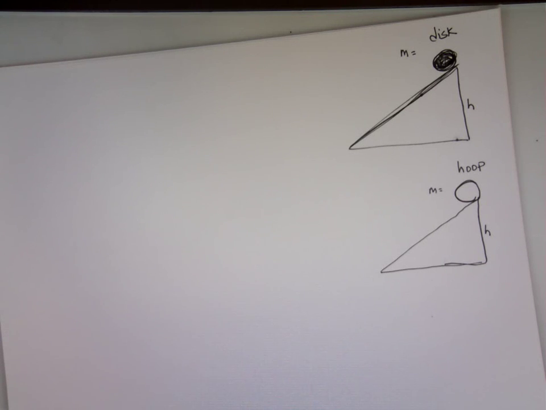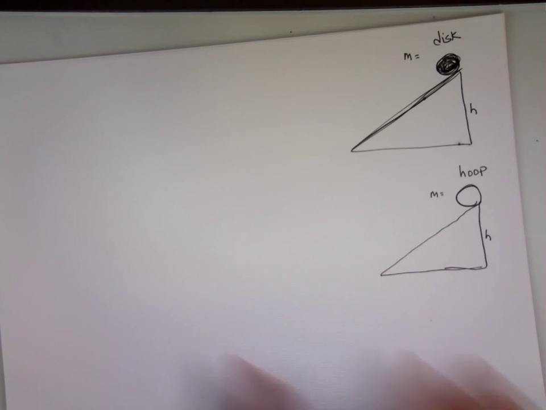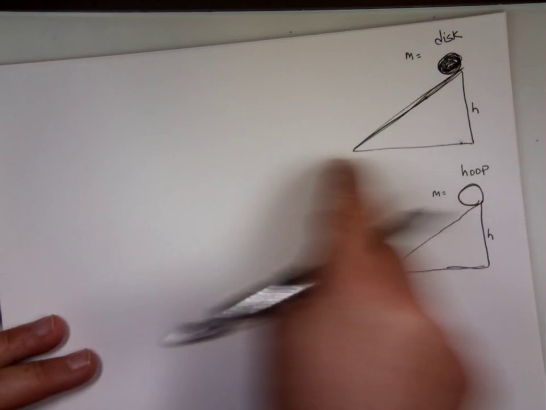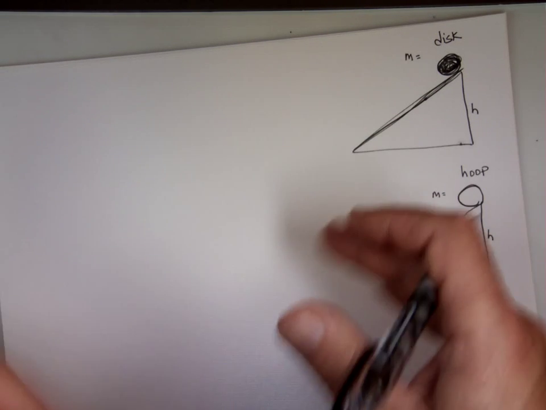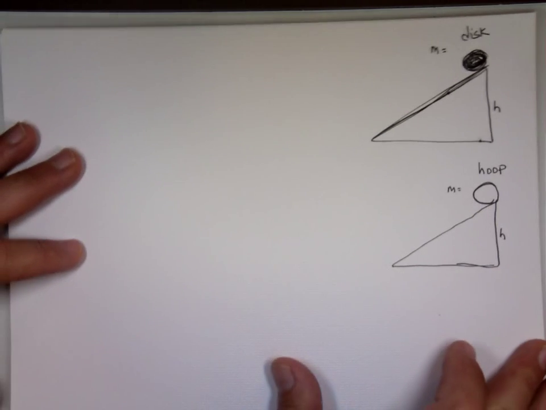Which one reaches the bottom first? Now, assume as they went down, they weren't slipping, because if you're slipping, we have a problem there. Nothing was slipping, no friction, neglect friction.